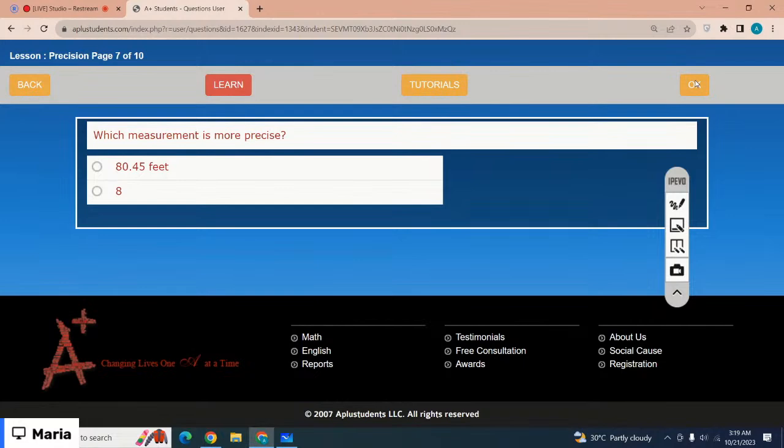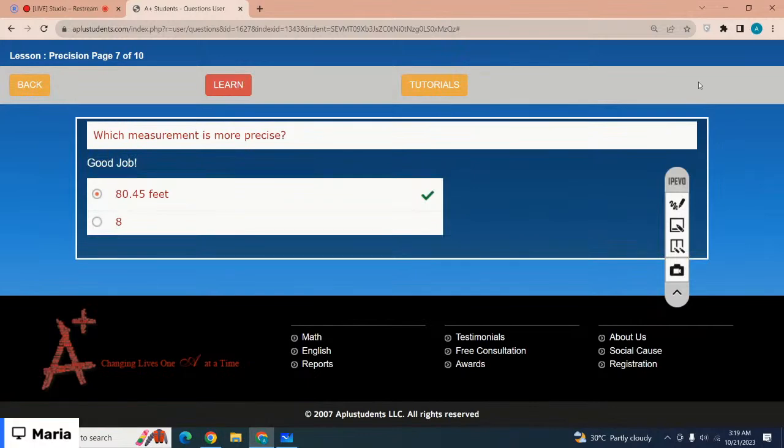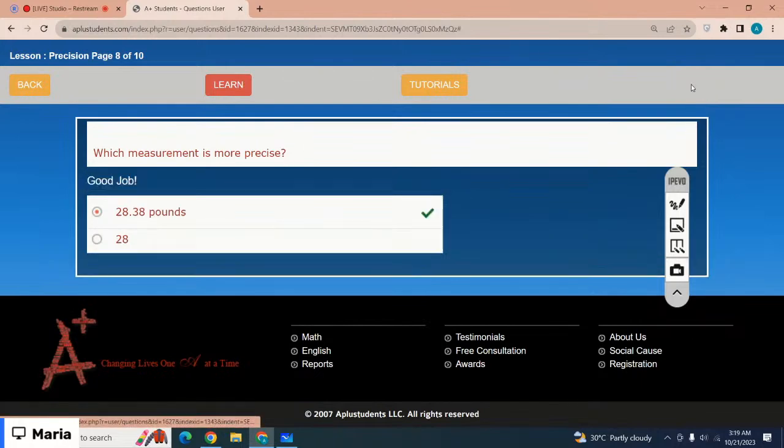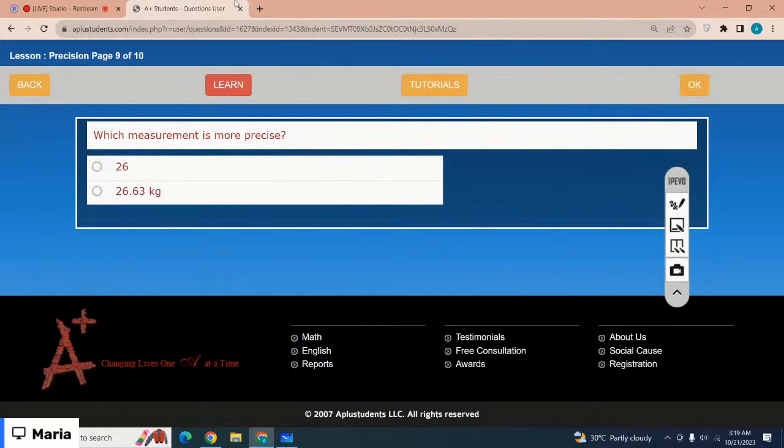Yes, the correct option is 80.45. Which measurement is more precise, 28.38 or 28? The correct option is 28.38 pounds, right? Okay, you can complete the lesson by yourself later today.